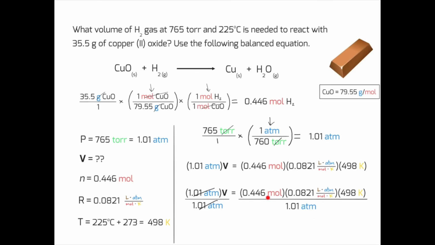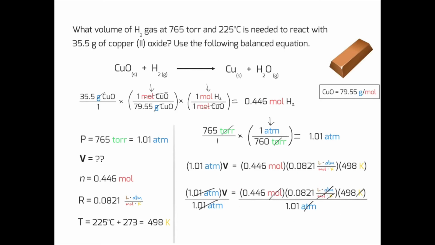We have moles on top here and moles on bottom here, so these cancel. We have Kelvin on top here and Kelvin on bottom here, so those are going to cancel too. And finally, we have atmospheres on top and atmospheres on bottom, so these atmosphere cancel with these atmosphere, which means that when we do our calculation, the unit that we're going to be left with will be liters.